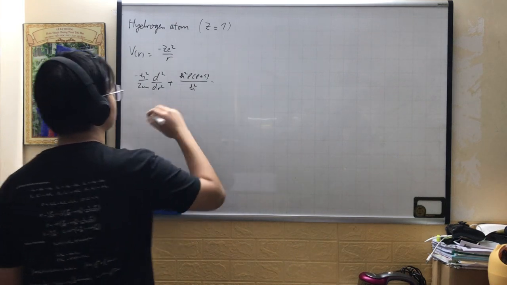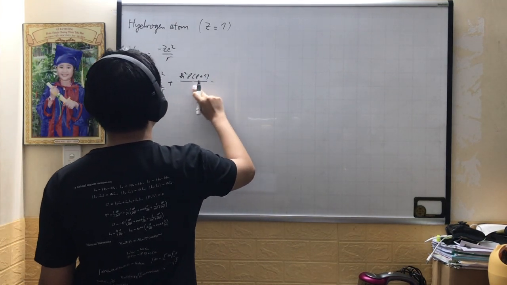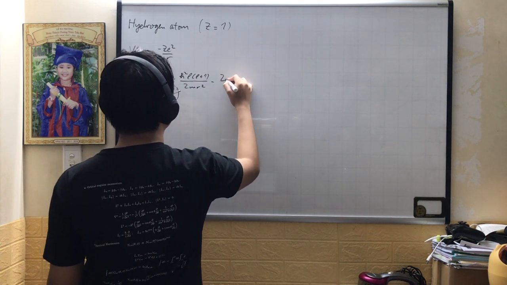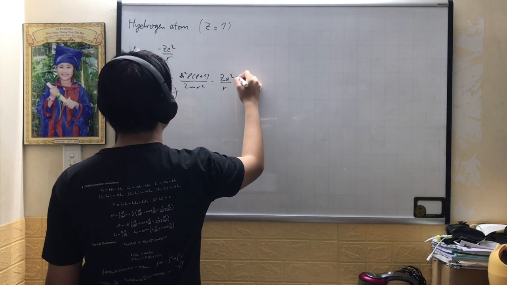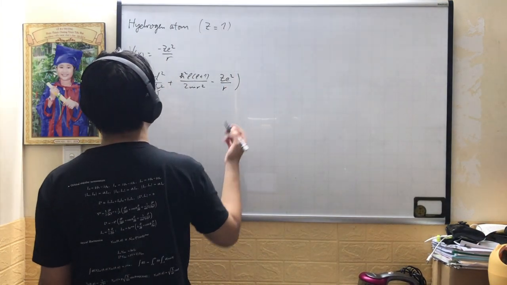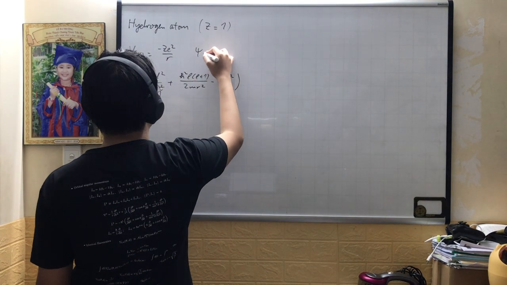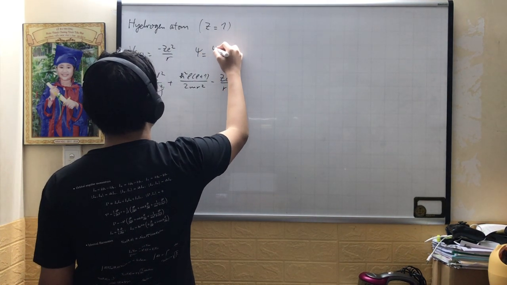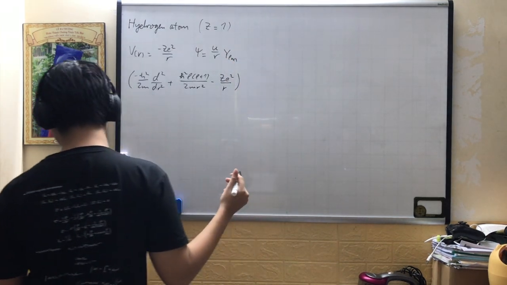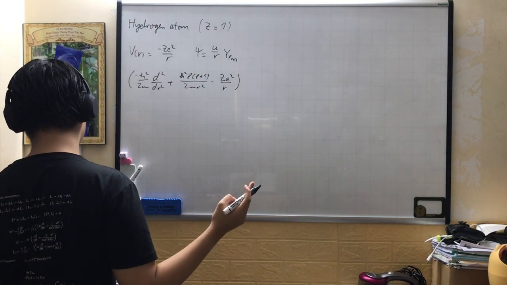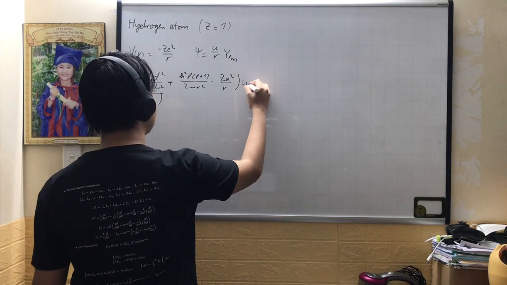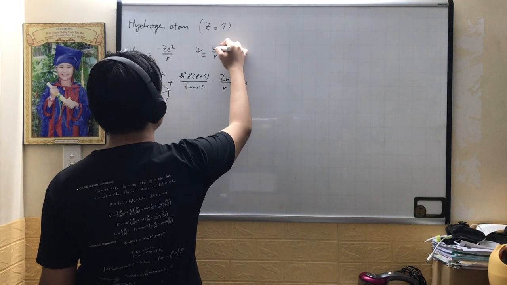These all act on psi, but the psi is now split into u over r and your Ylm. And u here is actually u and l, but we will just use u of r.